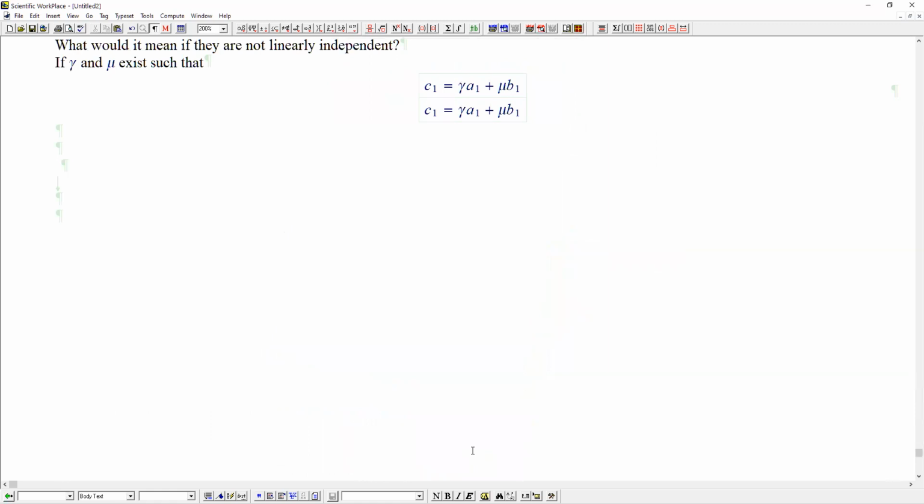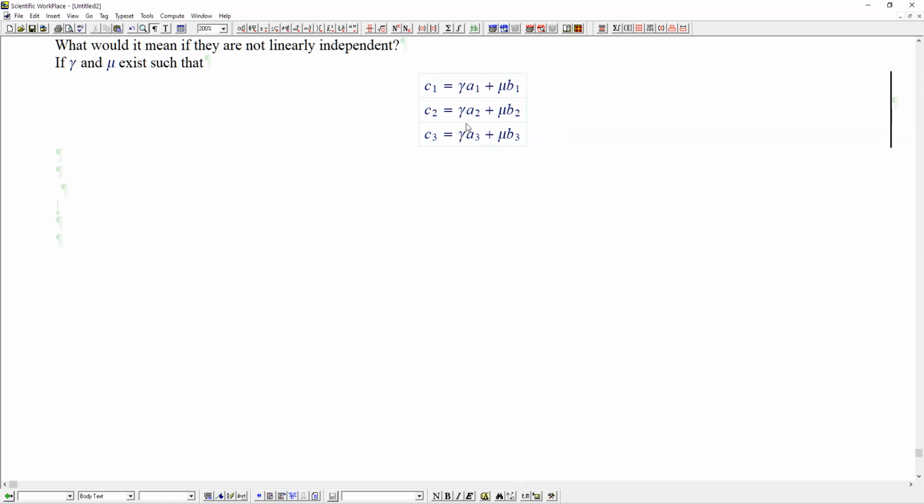And then the second one the same, C2 equals gamma A2 plus u B2, and third the same. So this is what we mean by linearly dependent. So the third equation would have coefficients that would be linearly dependent on the first two.